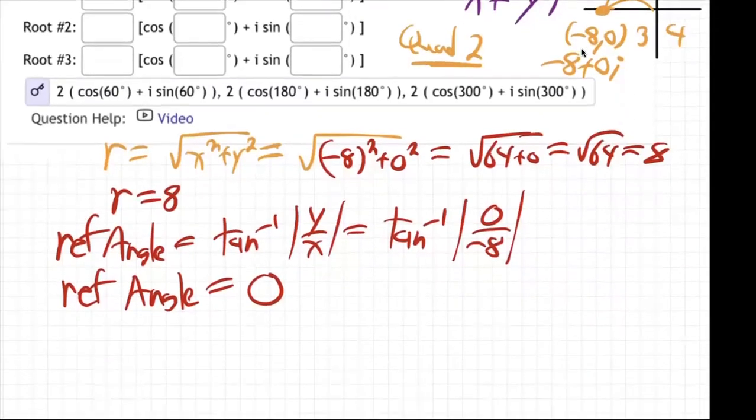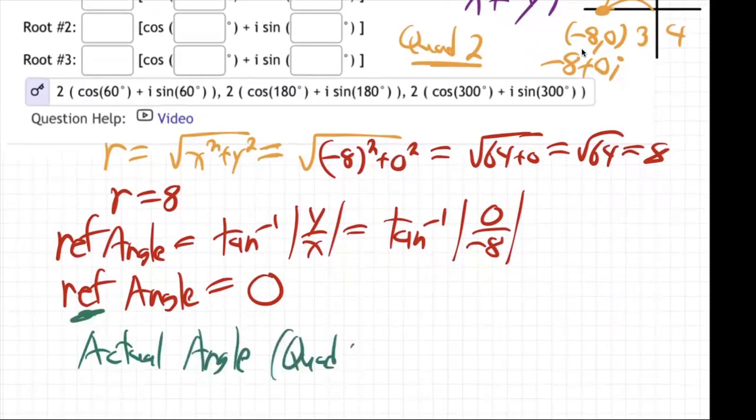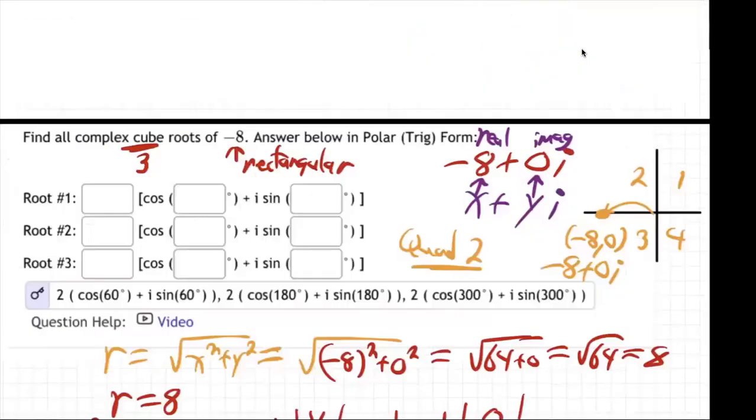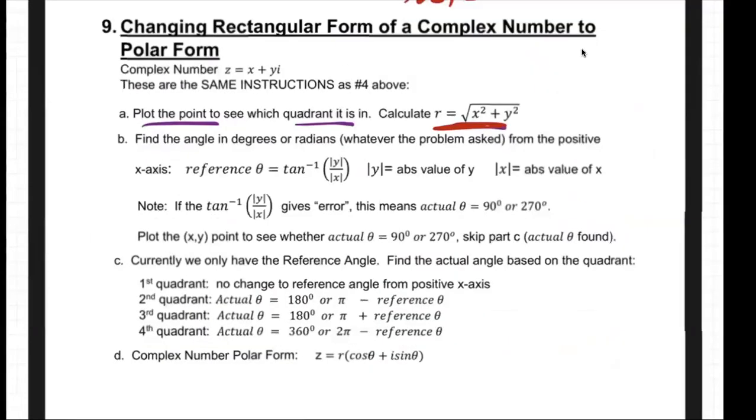That's the reference angle, but that's not our final answer. That's just the reference angle. So then the actual angle, which remember is quadrant 2, equals, so back to the instructions again. So the reference angle is inverse tangent. We did that, okay? Then currently we only have the reference angle. To find the actual angle based on the quadrant, well, we're in the second quadrant.